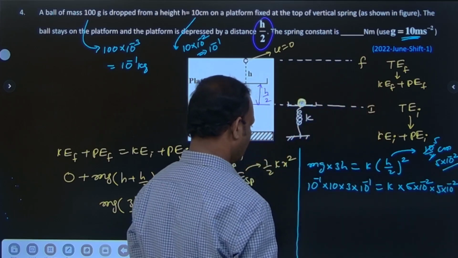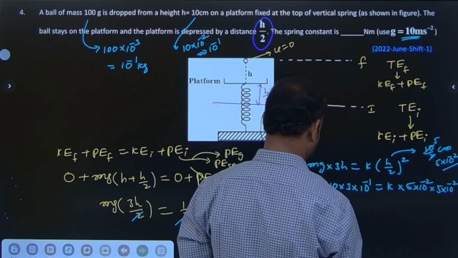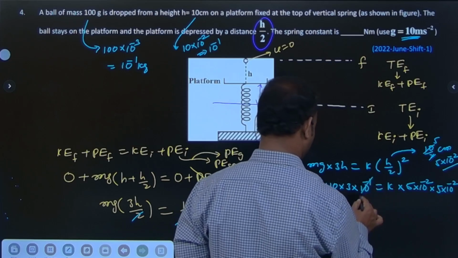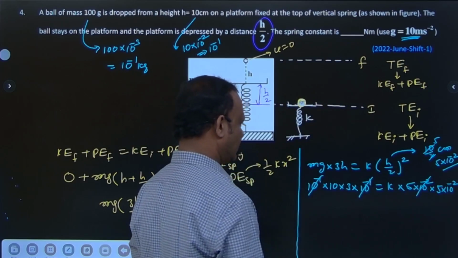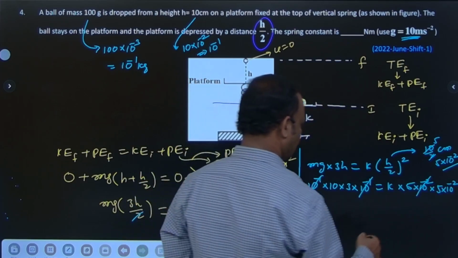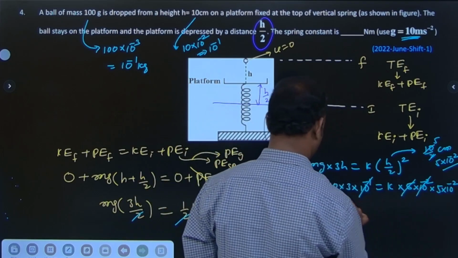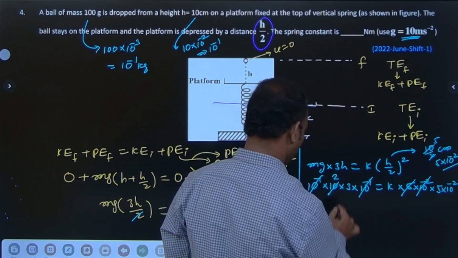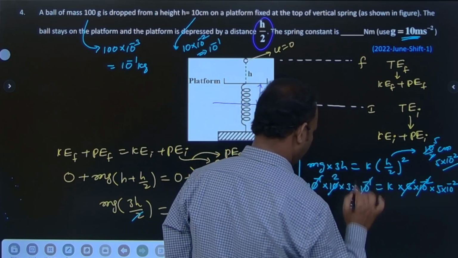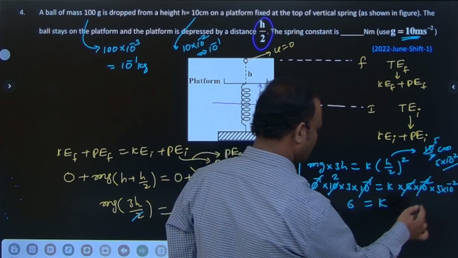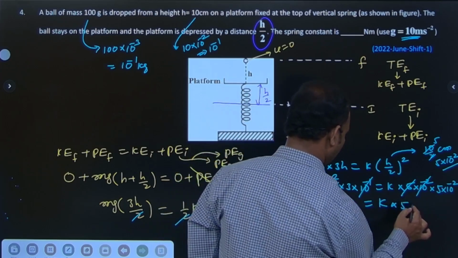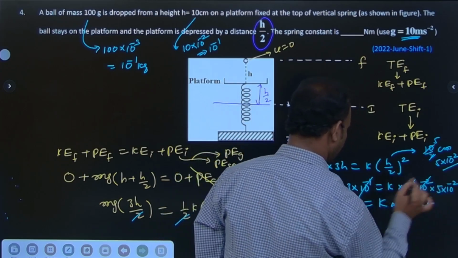Yes. So now you can write it as 10 power minus 1, 10 power minus 1, and 10 power minus 2 cancels. Next, 5 ones are 5, 2 threes are 6, is equal to k. Next, what is left? 5 into 10 to the power of minus 2.